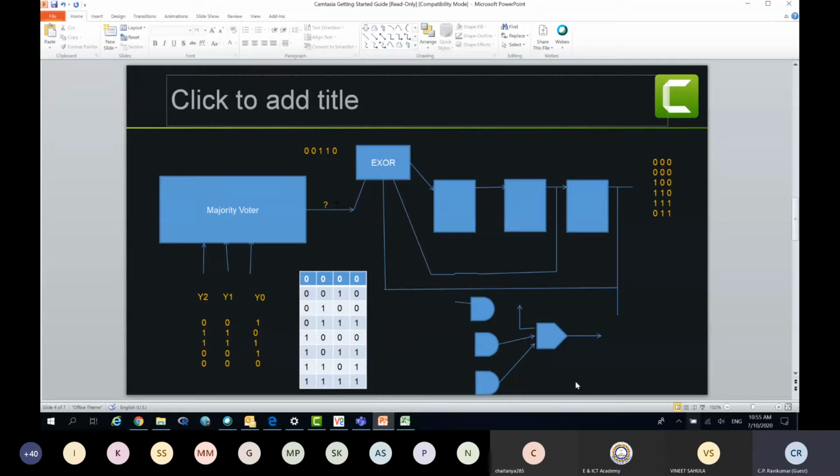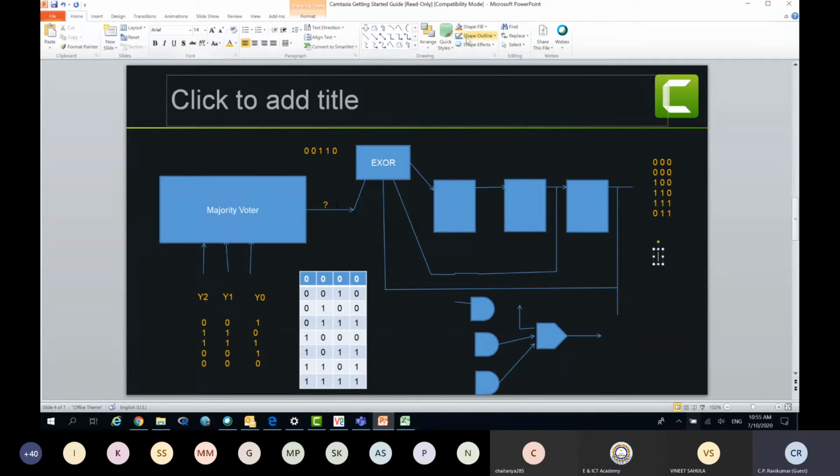Okay. So now tell me, what will be the simulation? What will be the output of the XOR gate? Unfortunately, because this is supplied with 1, the OR gate is always going to give a 1 here. Right? So in all the clock cycles, I'll get 1, 1, 1, 1, 1.